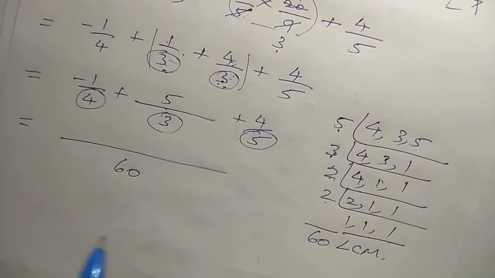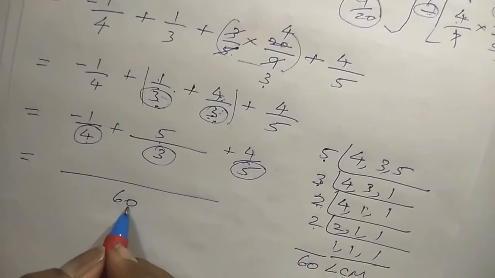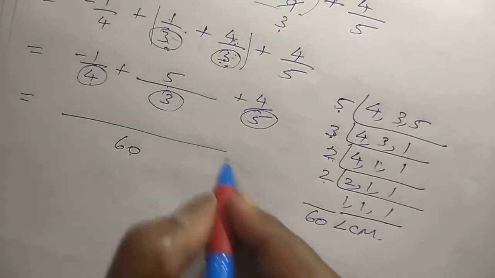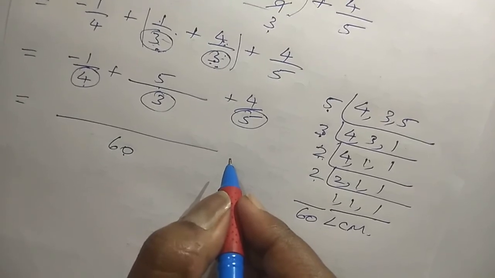Now we go to the fraction. It is 60. When will we get 60 from the 4 table? It is 15 times.